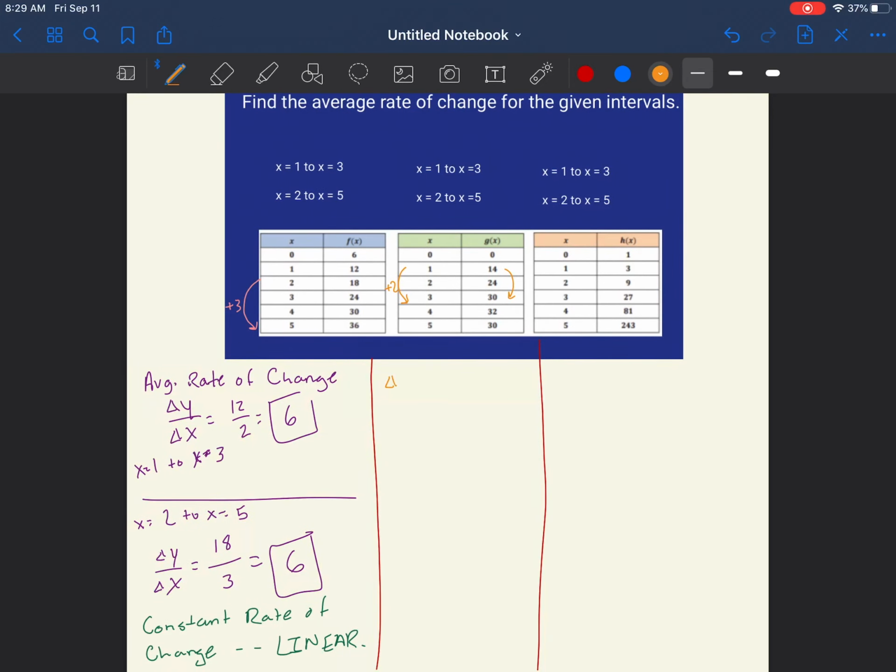So the change in y, 14 to 30, is 16. Over my change in x, which is 2. So 16 over 2 gives me an average rate of change of 8.